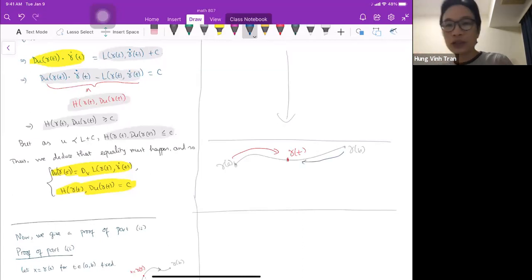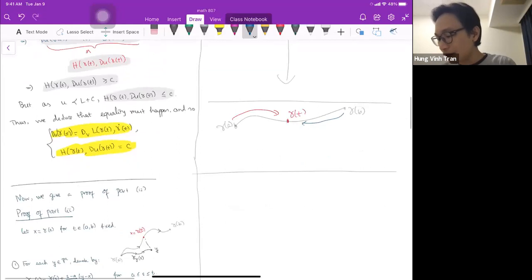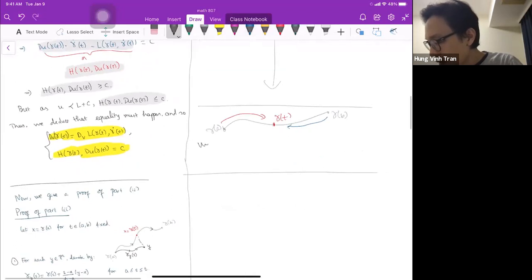So I need to use both of those pieces of information to have two-sided control, and the idea is actually pretty neat and natural. So what do we know? We know that gamma is calibrated, or a minimizer.